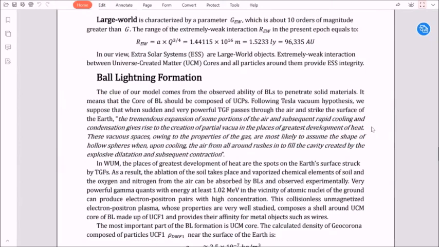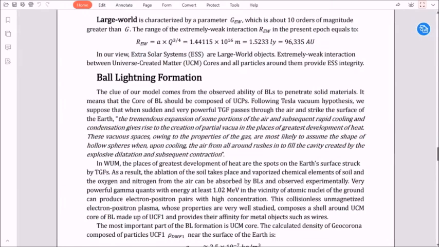These vacuous spaces, owing to the properties of the gas, are most likely to assume the shape of hollow spheres when, upon cooling, the air from all around rushes in to fill the cavity created by the explosive dilatation and subsequent contraction.